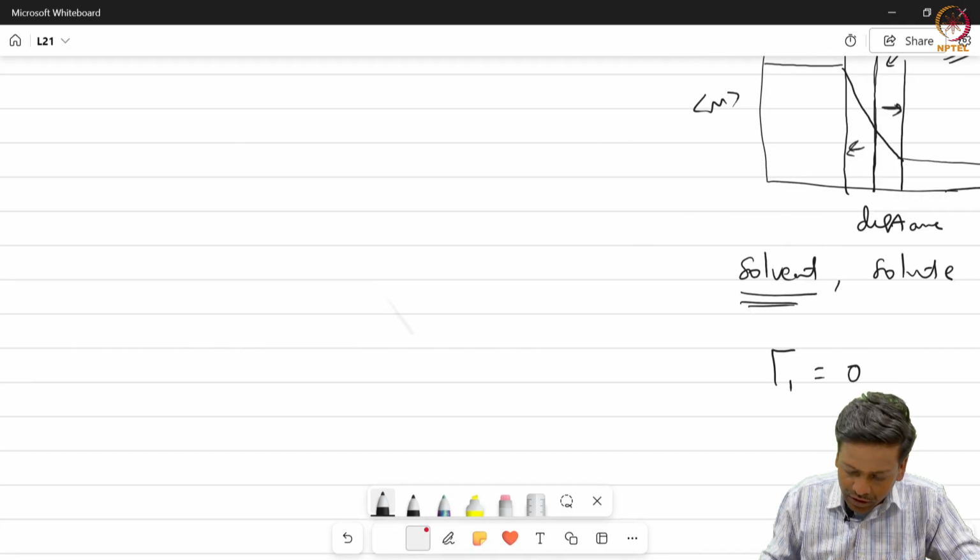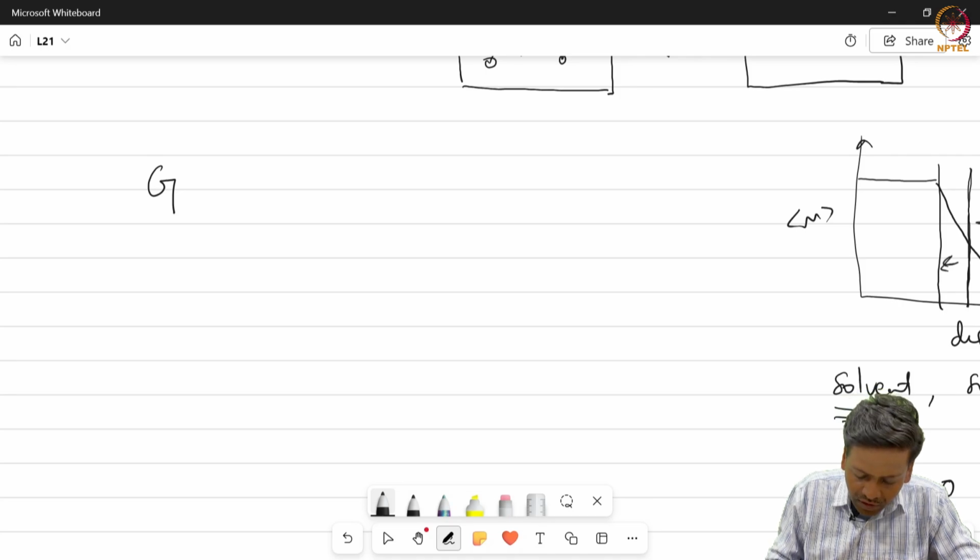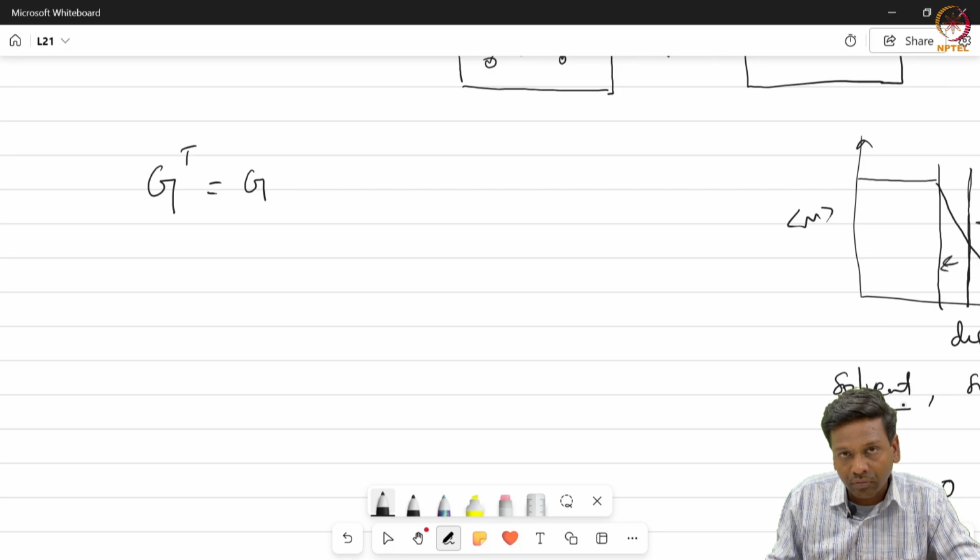Okay, so the starting point is going to be the Gibbs equation itself. Whenever we define Gibbs energy, you have three phases here.